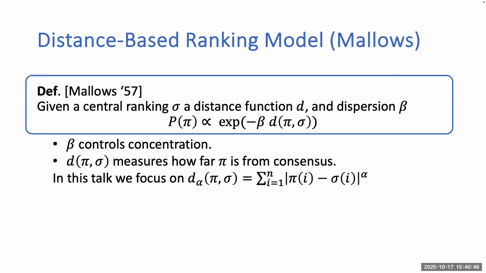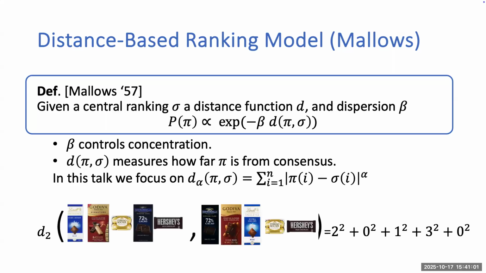The special cases of this, for example when alpha is 1 and 2, are very well studied. Let me give one example of how this is computed, to make sure we're all on the same page. Say we have these two permutations, and d2 of the two is computed by looking at each element and finding its counterpart in the second permutation.